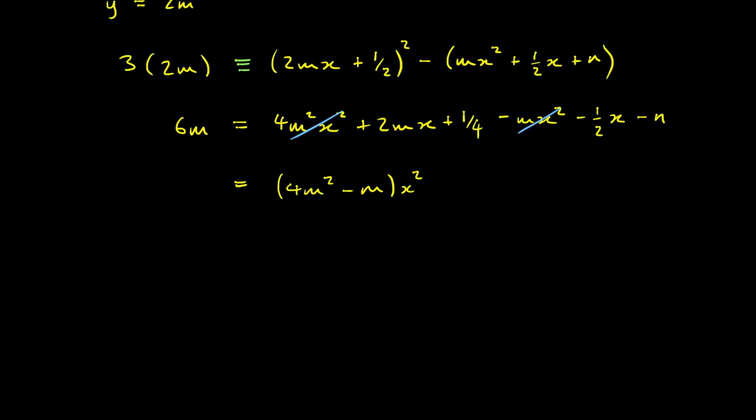And then I'm going to get the x terms, which are this term here and that term there. So that will be plus 2m minus a half x, right? So I'll cross off those terms as well, gone and gone. And then the constant that I've got is a quarter minus n, so plus a quarter minus n, right? So I've simplified the right-hand side.